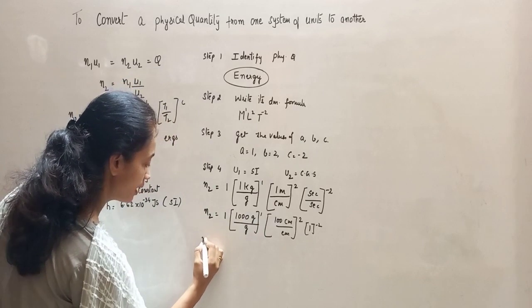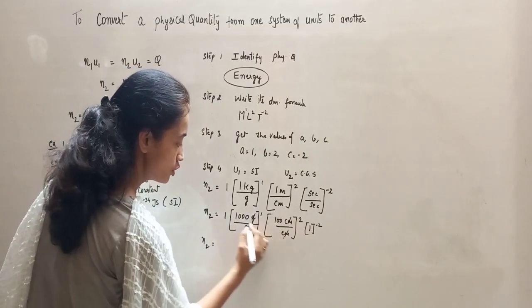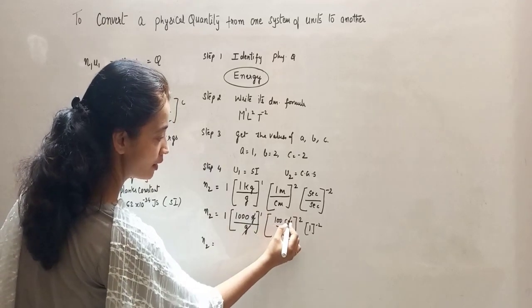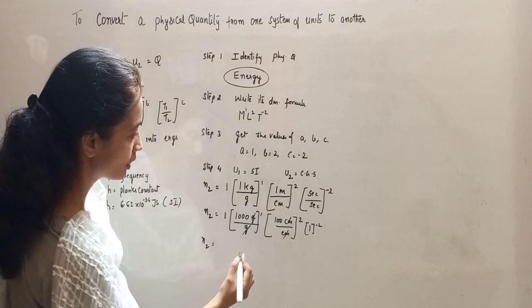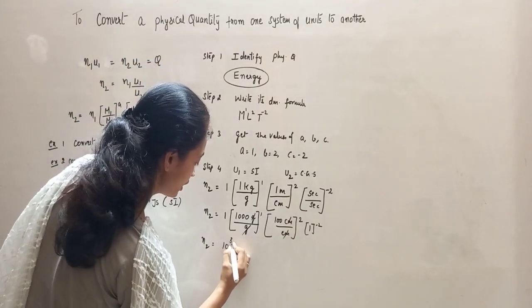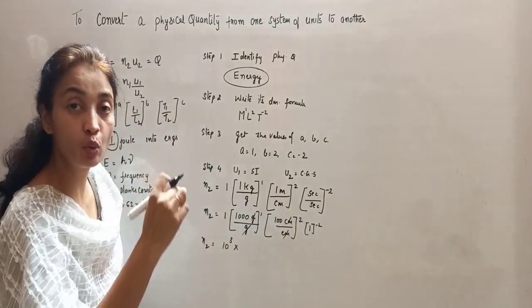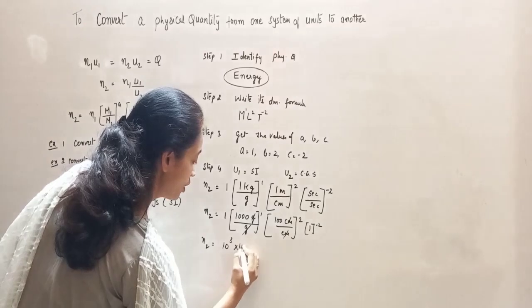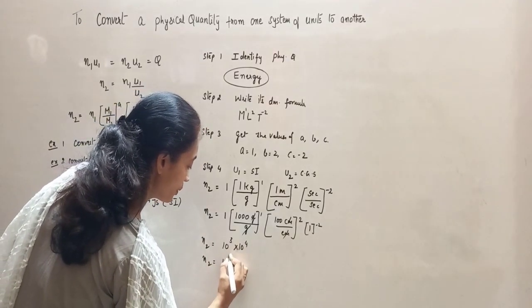So what I'm getting, N2 is equal to, grams get cancelled. So I'm getting 10 to the power 3 and 10 to the power 2. Sorry, we are getting 10 to the power 3 into 100 to the power 2. 10 to the power 2 raised to the power 2 is 10 to the power 4. So I'm getting N2 is equal to 10 to the power 7.